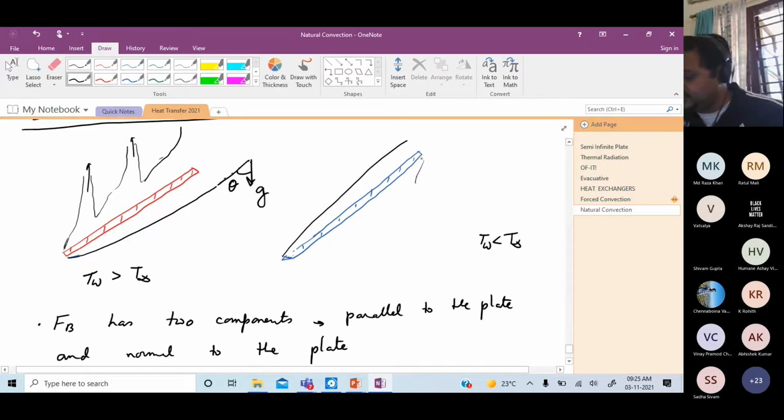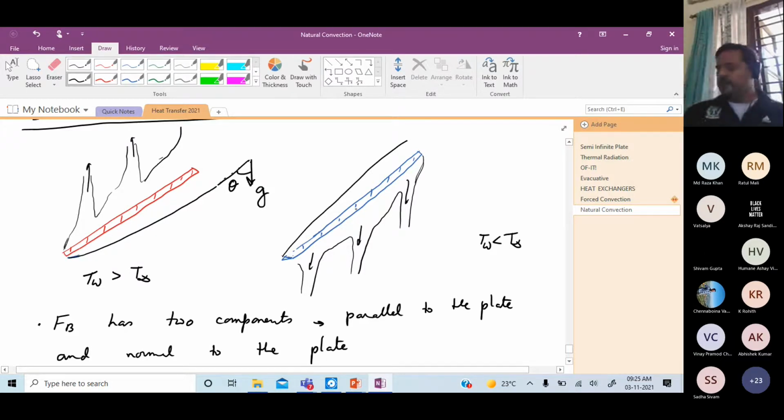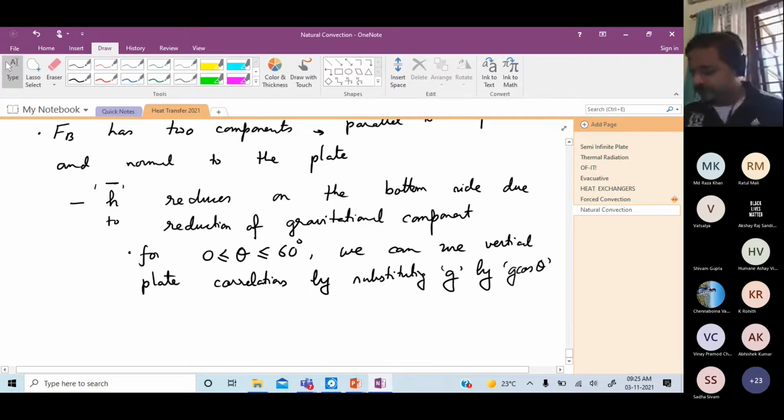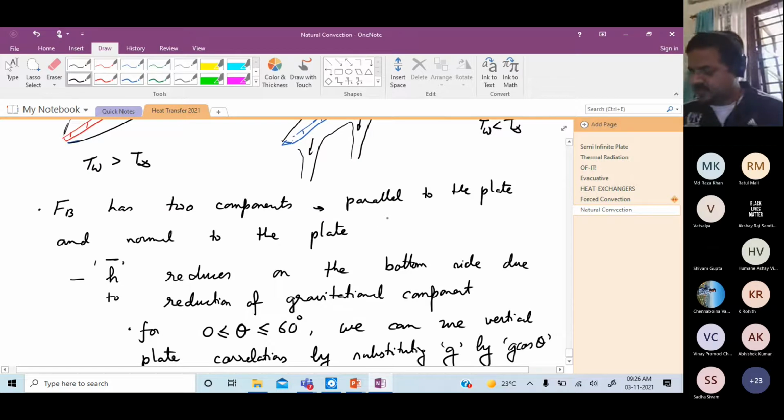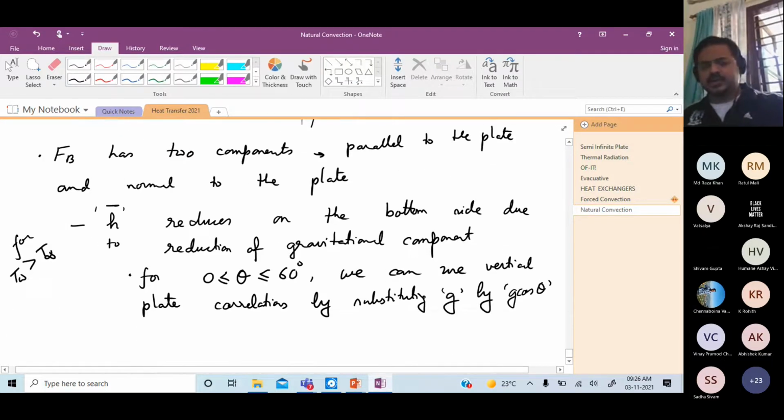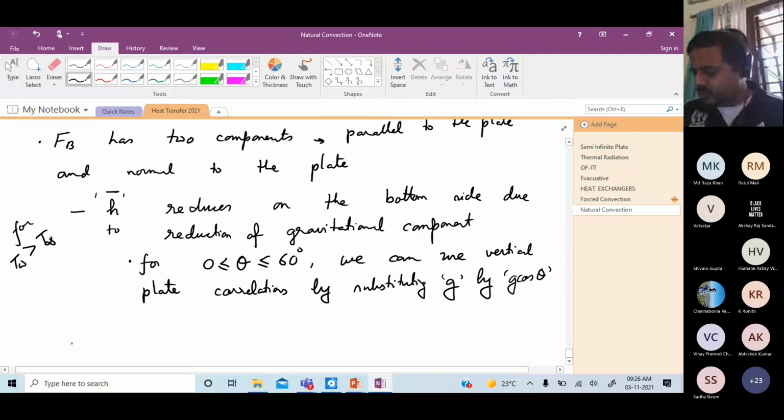Similarly here also, there are packets of cold air whose tendency would be to detach from the surface. I'm writing it for T_W greater than T infinity, top and bottom like that, but it's exactly the same logic for the cold plate as well.